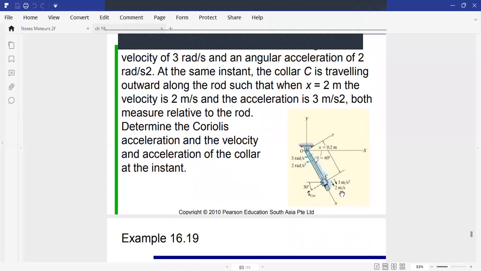The velocity, 2 meters per second, represents which term? It represents the relative velocity of C with respect to the rod, so this is called v relative. It's measured in which frame? In the frame of the rod, which is the rotating frame, small x, small y. Now, 3 meters per second squared represents what?